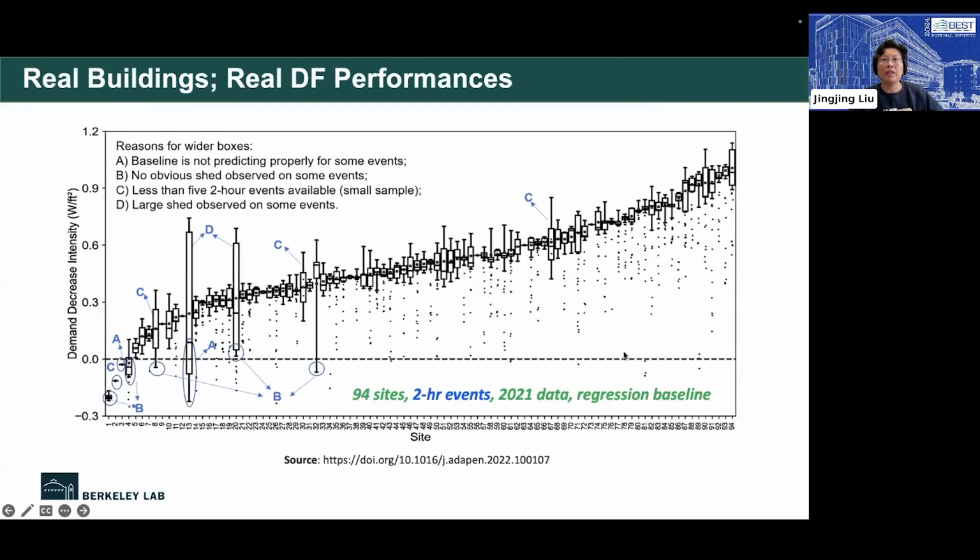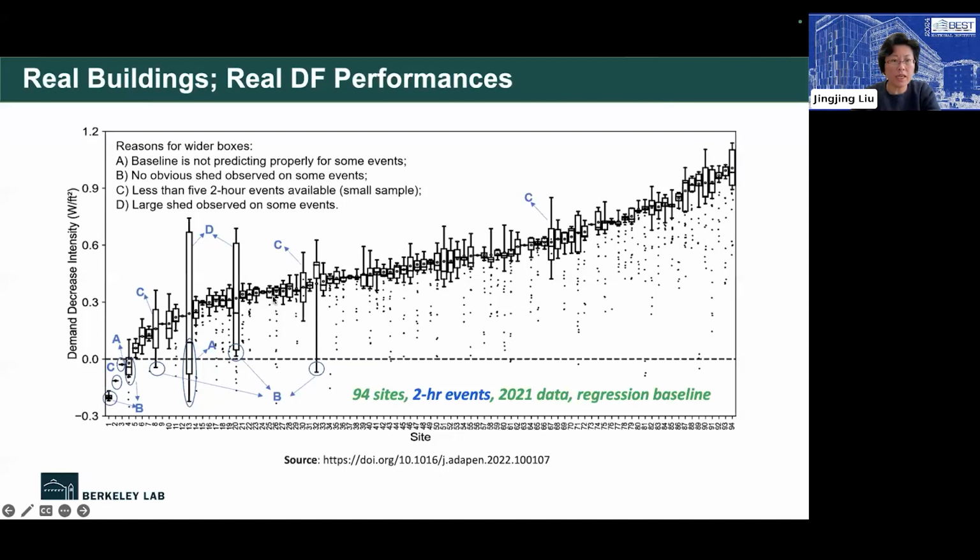What you're seeing in this graphic is the results of nearly 100 big box retail buildings. These buildings are relatively similar. They have also implemented a very similar DR strategy, which is increasing the cooling set point by 3 degrees and also turning off about half of the lights on the sales floor in these retail stores.